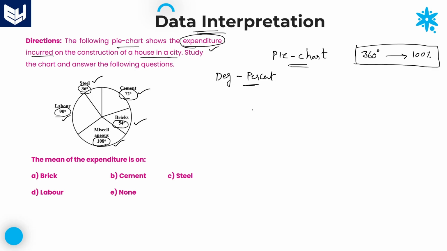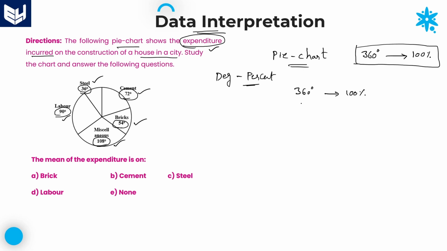Based on this, you need to convert degrees to percentage as well as percentage to degrees. Suppose, for example, you want to convert 36 degrees into percentage. As we know, 360 degrees is equal to 100%.